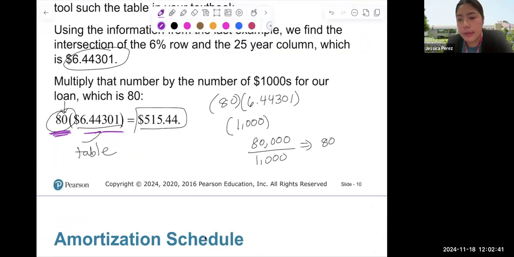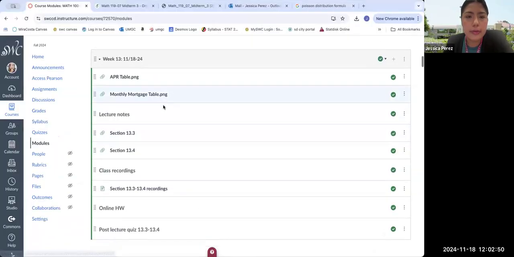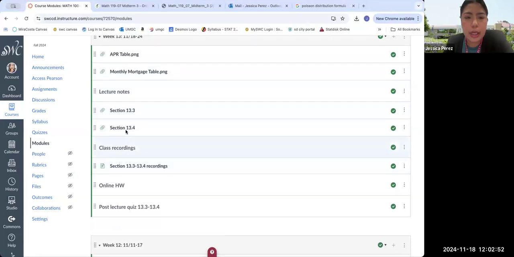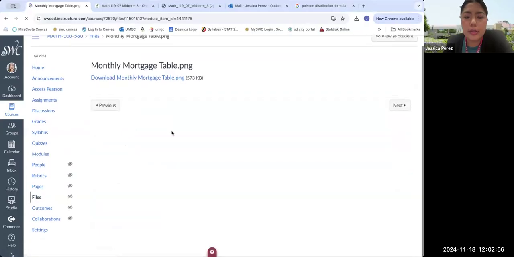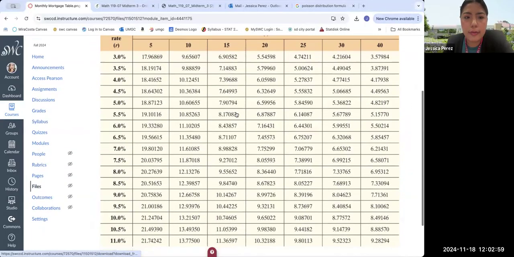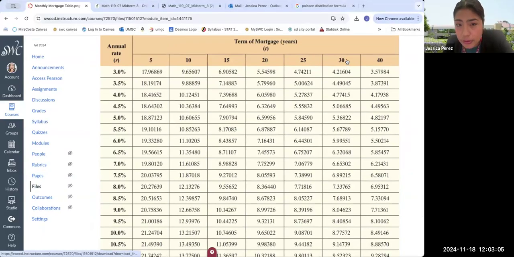The table should be the monthly mortgage table on your modules. So if you go to this week's modules, week 13, and you go to the monthly mortgage table, and there it is. So you're looking for 6.5%, and the years is 30 years.